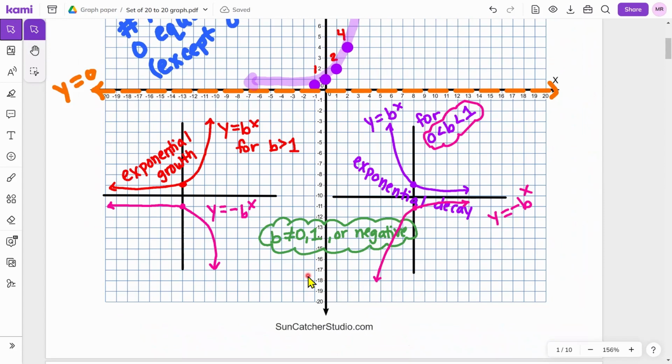So it has to be a positive number, not a negative number, but it cannot be 0 or 1. If your base is greater than 1, it's going to be a growth. If your base is between 0 and 1, it's going to be a decay. And your horizontal asymptote is going to go through your locator point. And that locator point is going to tell you where your start is.